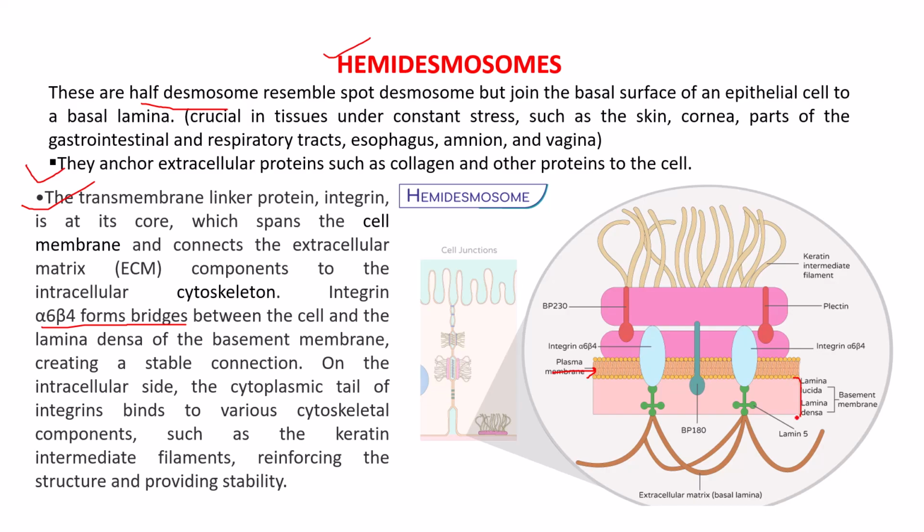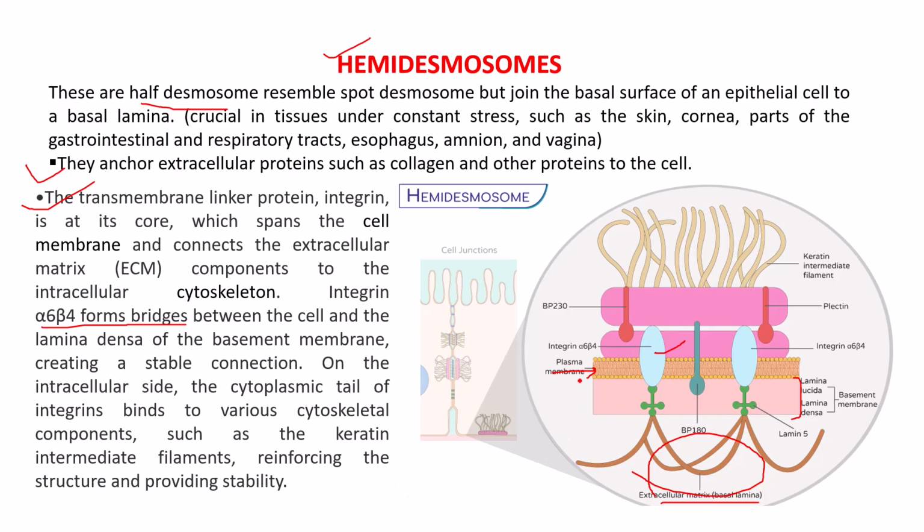This is lamina lucida, lamina densa, which is part of the basement membrane. This is the extracellular space of the cell, and here is integrin alpha 6 beta 4, which is making a bridge to the lamina densa of the basement membrane, creating a stable connection.